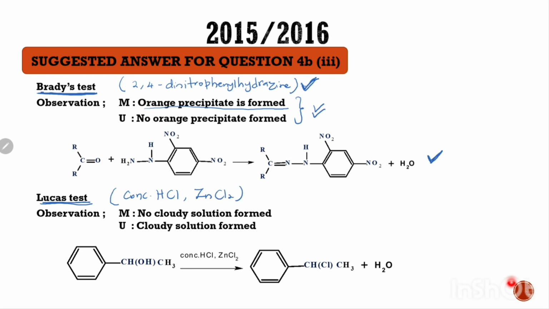Okay, so observation for M, no cloudy solution form, and U, cloudy solution is formed, because U is secondary alcohol. So give the equation for this reaction. This is a nucleophilic substitution reaction. Substitute OH with Cl and the side product is water.